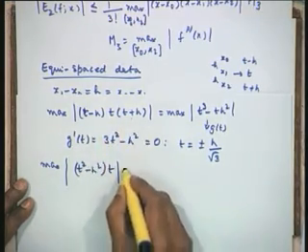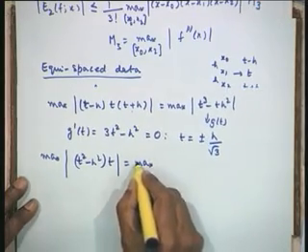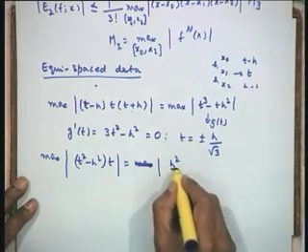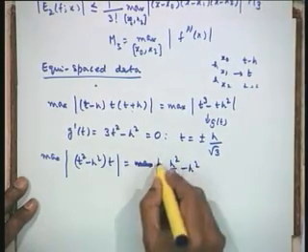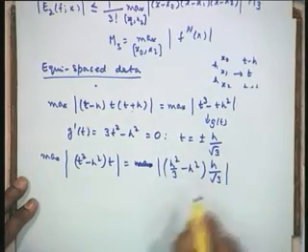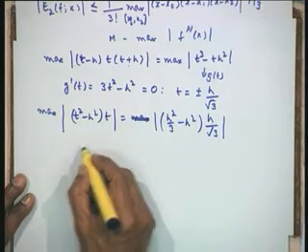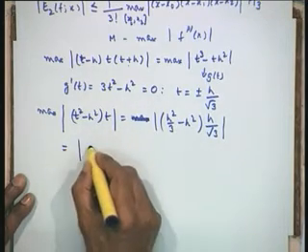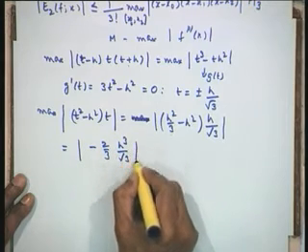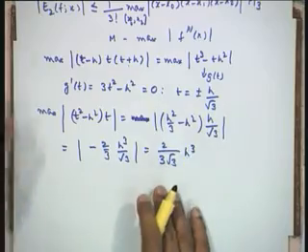The maximum of that will be equal to the magnitude of (h squared by 3 minus h squared) into t, that is h upon root 3. That gives me minus 2 by 3 h cubed by root 3, that is 2 by 3 root 3 h cubed.